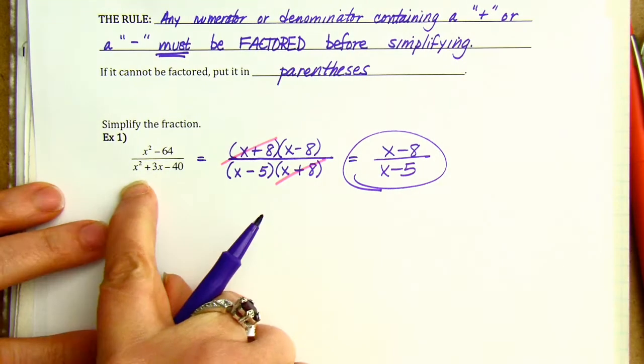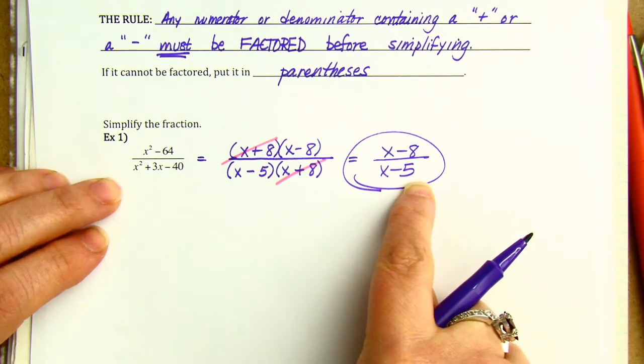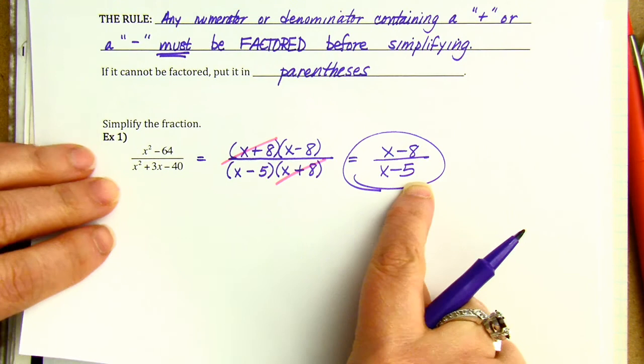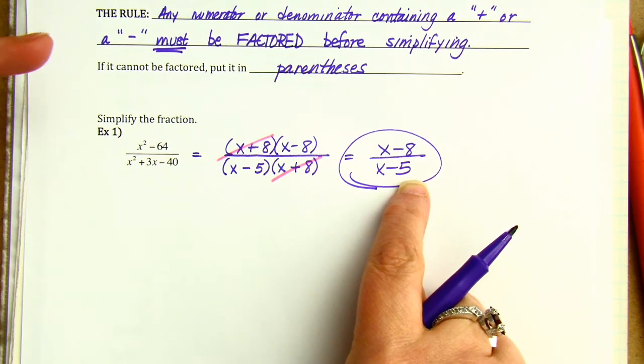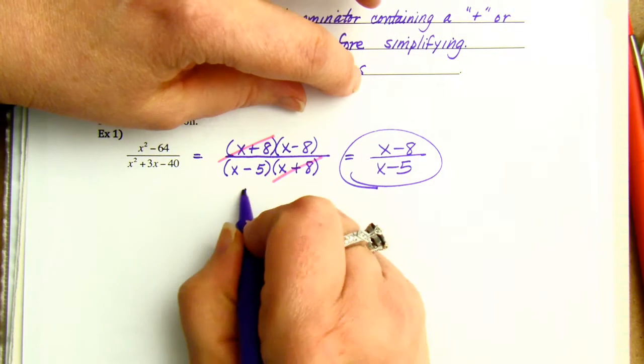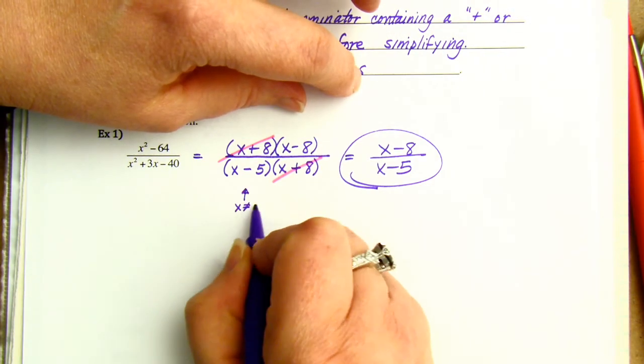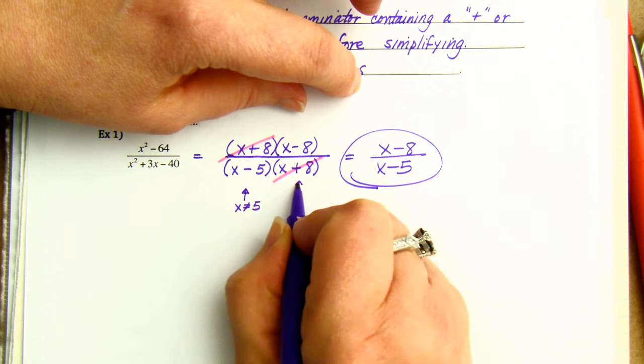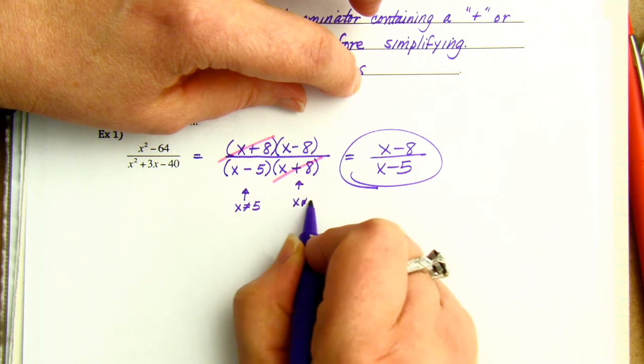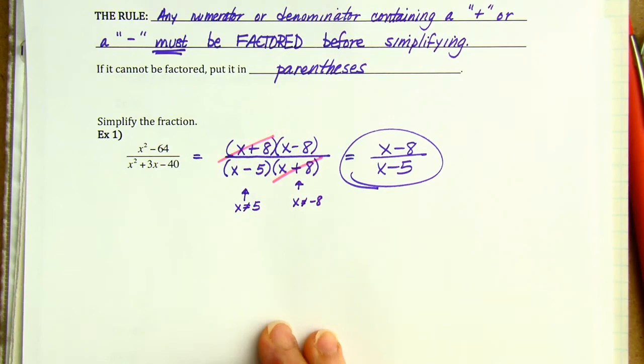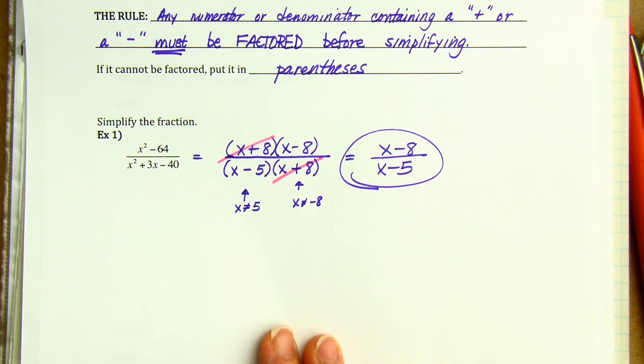This expression will exactly be equal to this one for every and any value of the variable x, except for my restrictions. Folks, here x cannot be 5, and here x cannot be -8, because if it's 5 or -8, I'm going to get a 0 in the denominator. And we know we cannot divide by 0. Division by 0 is undefined.